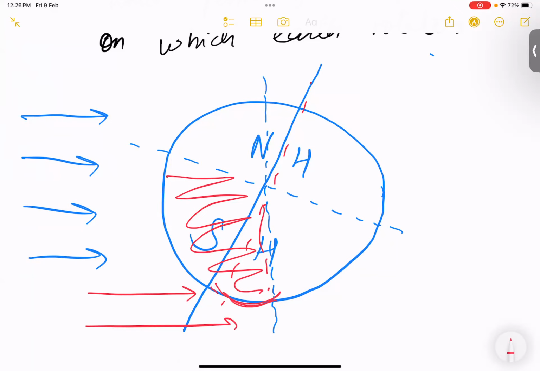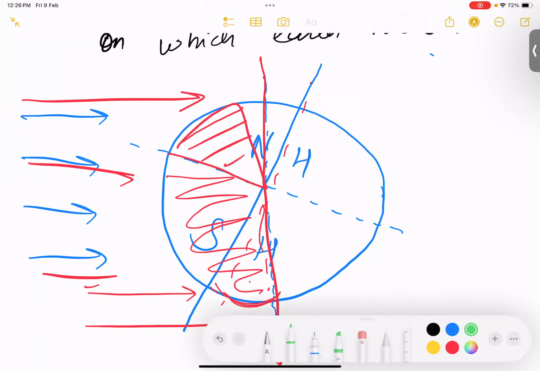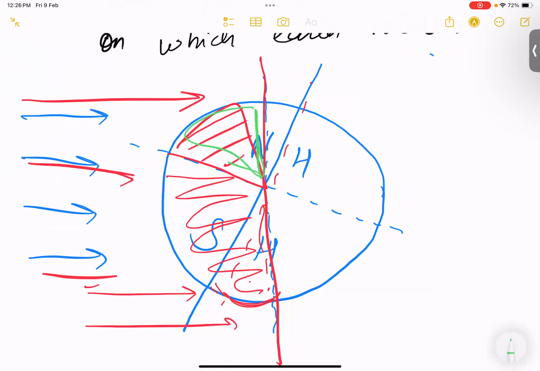So the extra part of southern hemisphere is receiving sunlight, whereas if we compare this portion only, because we have to work in a straight line, right? This is where the lights are going to reach. So if we see in the northern hemisphere, less than a quarter is receiving sunlight.